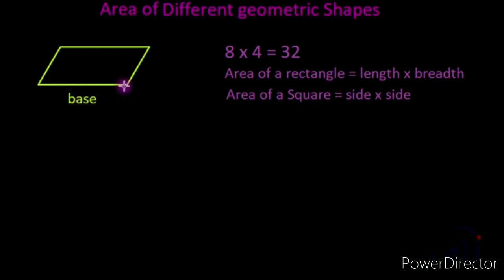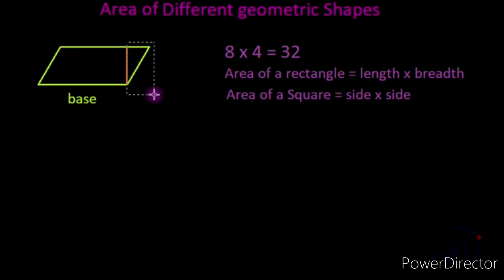And then we have the height of the parallelogram, which is the length of the perpendicular drawn from one vertex of the base to the opposite side of the parallelogram. So from this vertex, if I draw a perpendicular on this parallel side, this orange line is called the height of the parallelogram. Okay, so how to find the area of this parallelogram?